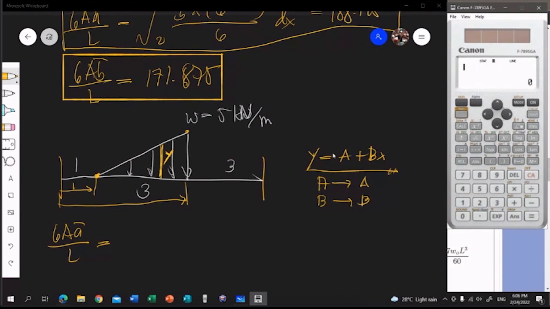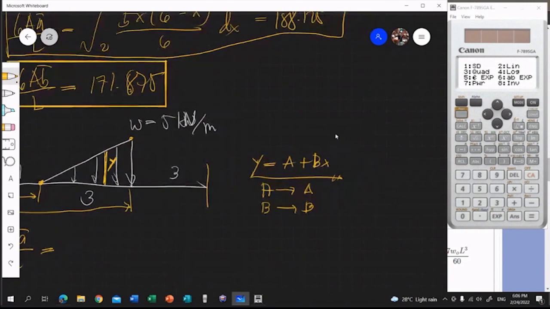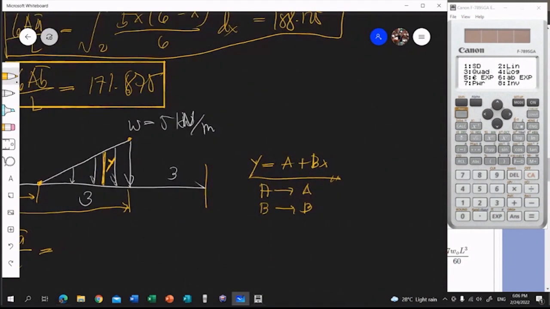Kaya ano ang equation? Kita natin mode 3 ito. Nakabutang na ito ang equation. Linear kasi ang equation. Y is equal to mx plus b. Can you still remember this one?